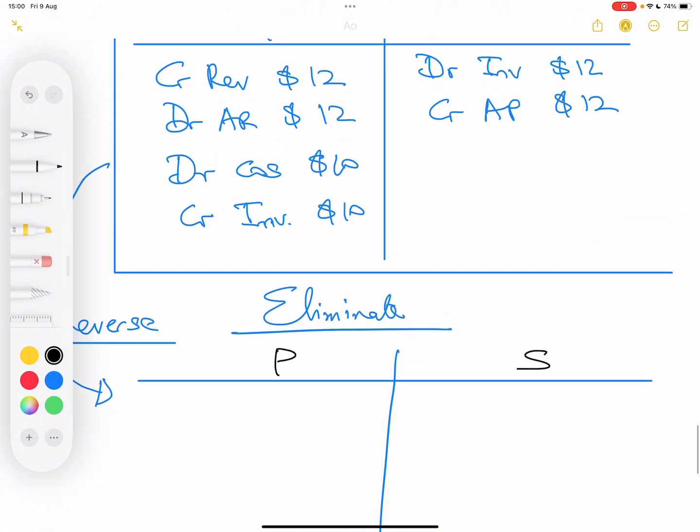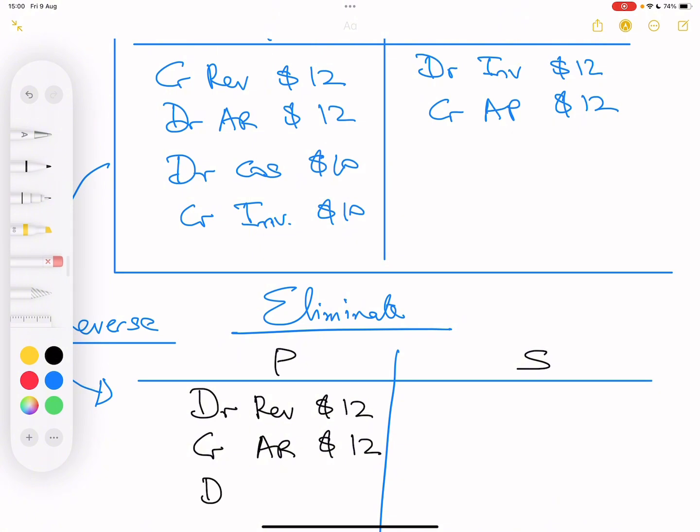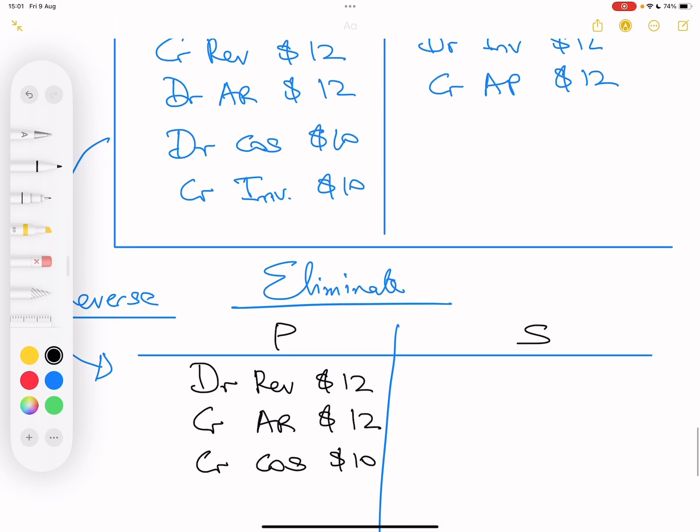So remember, instead of crediting revenue, now we'll be debiting revenue. For $12, we now credit account receivable with $12 back. We'll credit cost of sales with $10 and we're going to debit inventory with $10.